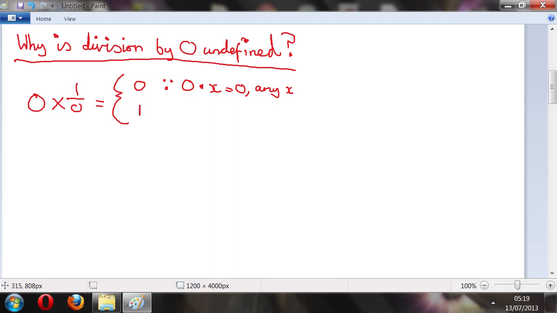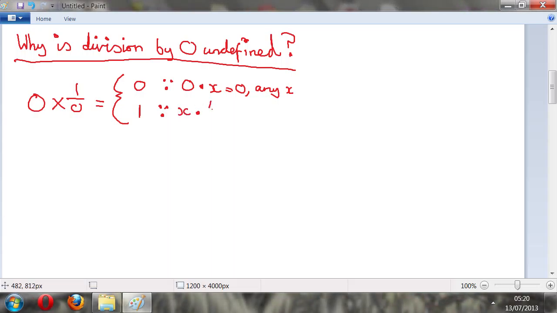But now, the answer could also be 1, couldn't it? Because x times 1 over x equals 1 for any x. And that's true, isn't it? Because say 3 times 1/3, or a third of 3 is 1.